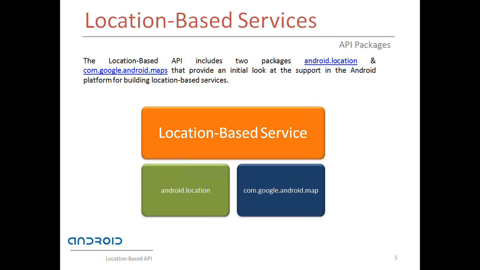Now we are on the API package of the location-based services. The location-based API includes two packages, as we are seeing here, android.location and com.google.android.maps, that provide an initial look at the support in the Android platform for building location-based services. Now we will be going inside that android.location.